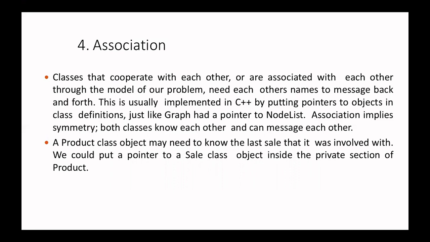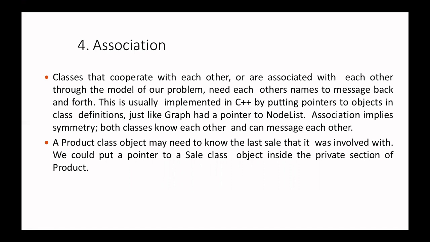This is usually implemented in C++ by putting pointers to objects in class definitions, just like graph had a pointer to node list. Association implies symmetry. Both classes know each other and can message each other.